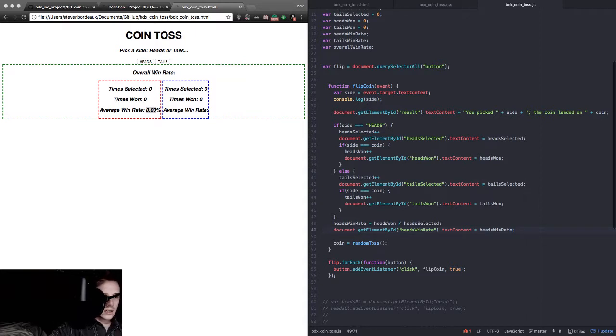So that times 100 plus, wait a tick. How can we concatenate a percentage sign onto this thing?